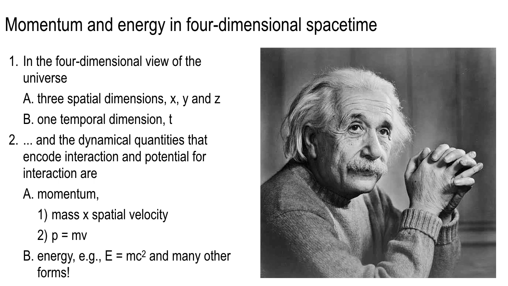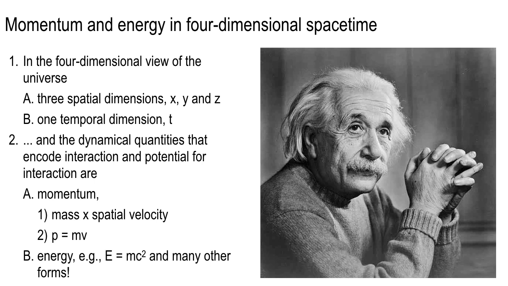And what Einstein said is, all right, if you think of our universe as three spatial dimensions and time as the fourth dimension, then it makes sense to also use energy and three spatial momentum components as the physical dynamical quantity that you study.